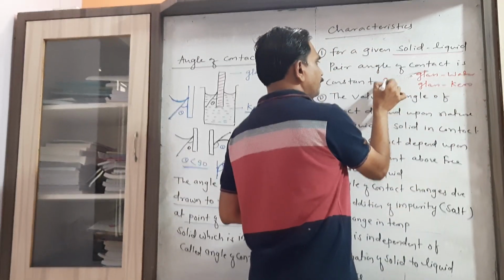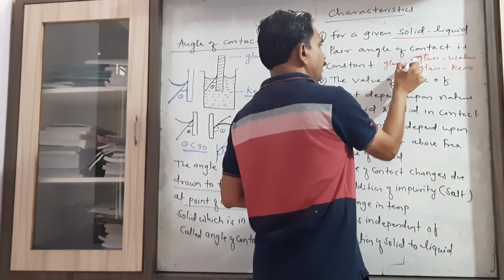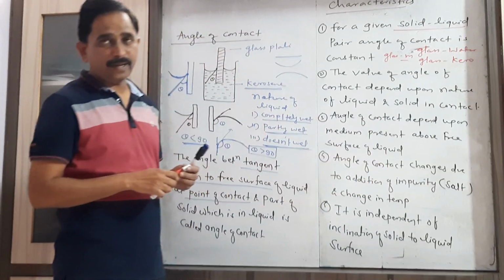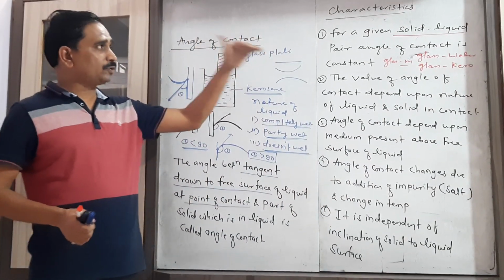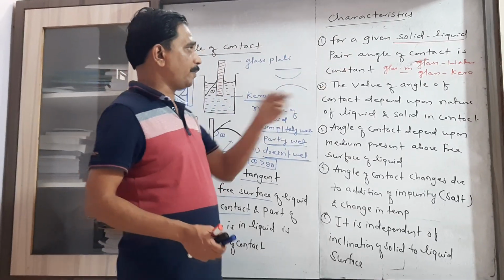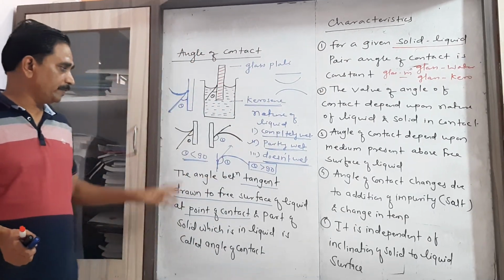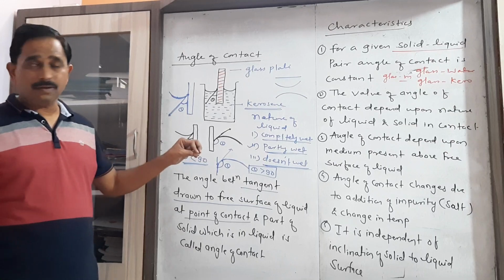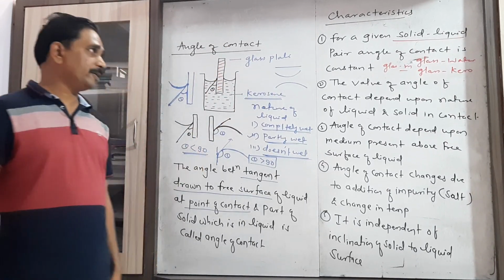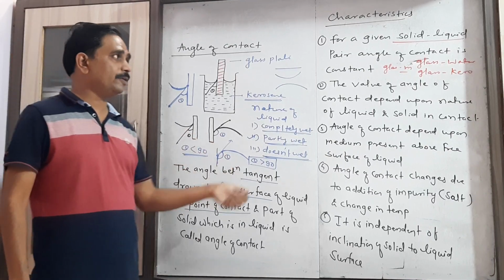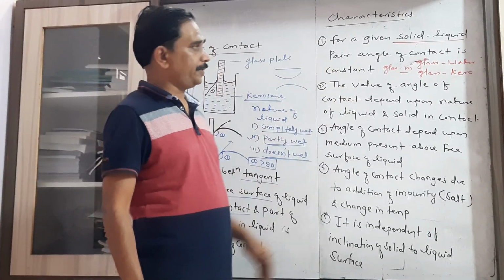It is constant for glass and mercury. So this is the meaning of the first characteristic, that for a given solid-liquid pair, angle of contact is constant. Whenever we take glass and kerosene, the angle of contact is acute. When we take glass and mercury, the angle of contact is obtuse.